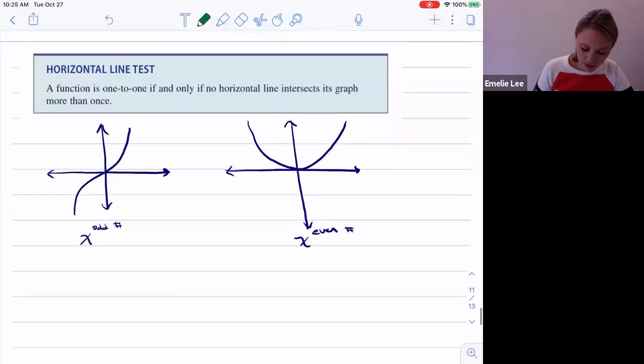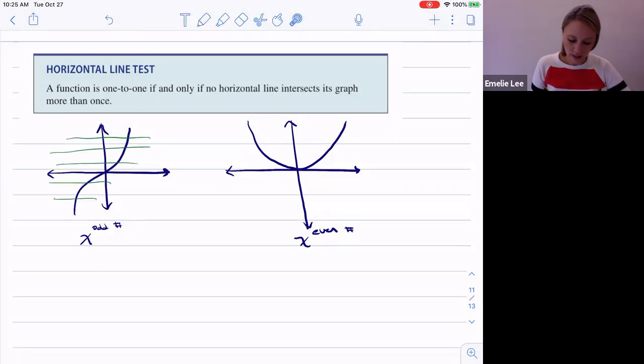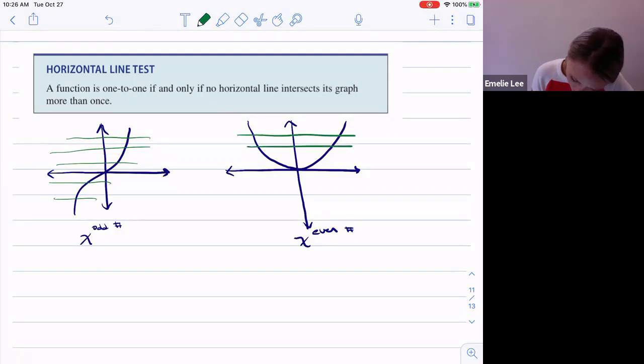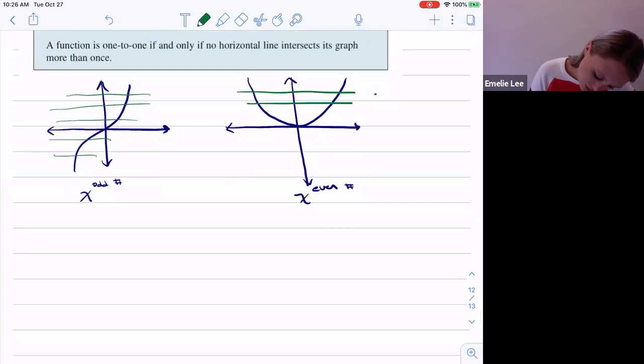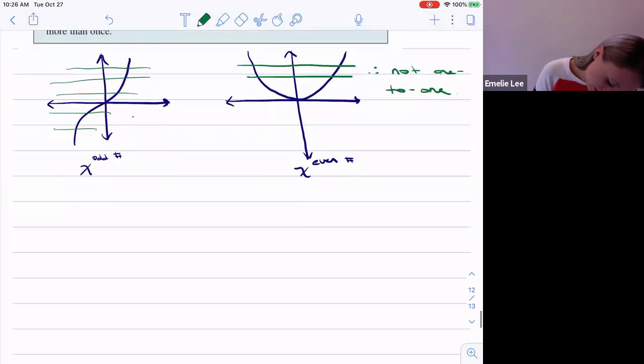If we do the horizontal line test here, it says that a function is 1 to 1 if and only if no horizontal line intersects the graph more than once, right? So here we get just an intersection once, whereas here we would get 2 intersections. Therefore, it's not 1 to 1. This one, therefore, it is 1 to 1.